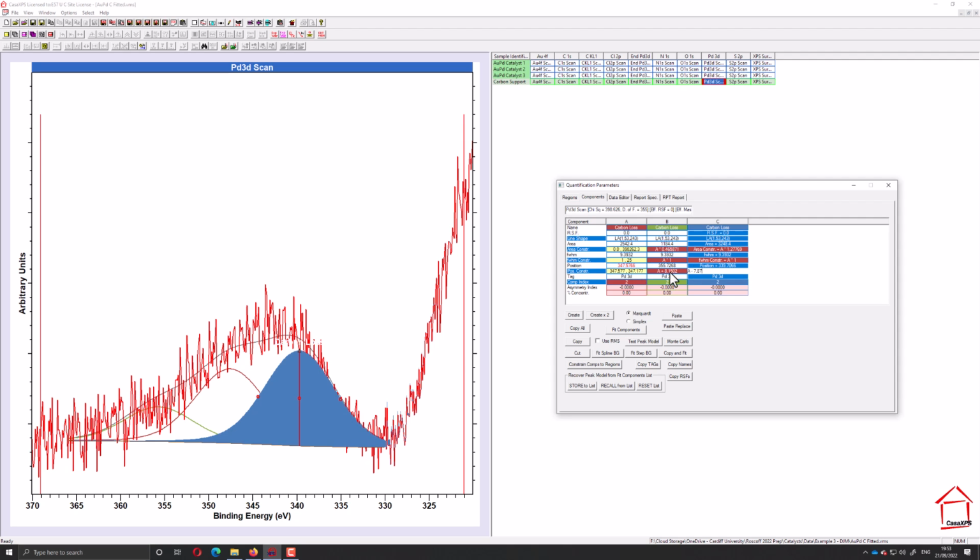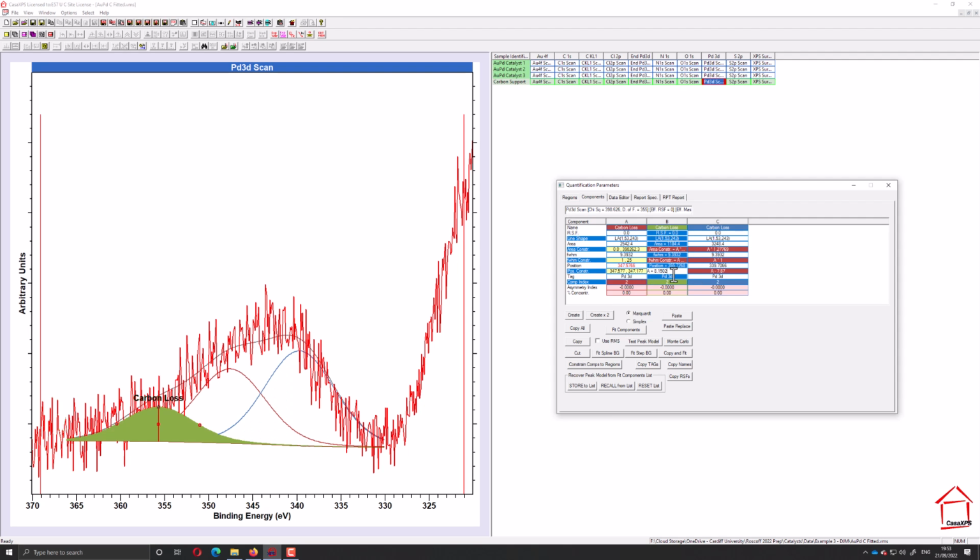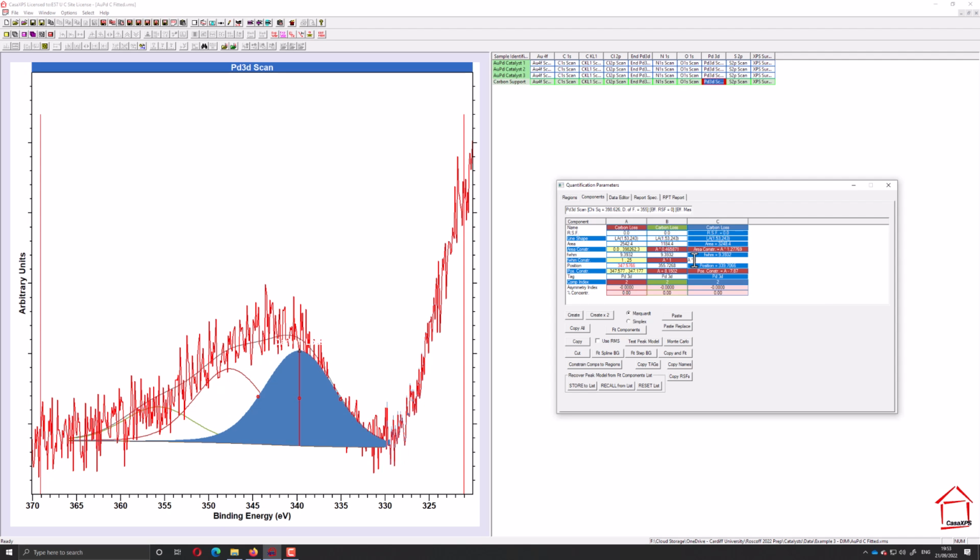So we can see that our other peaks are plus 8.1 and minus 7.9 eV. I've constrained the areas and I've assumed the full width half maximum is the same in all. This is just to model that background. As I say, it may not be the most elegant way, but it's a way that definitely works.